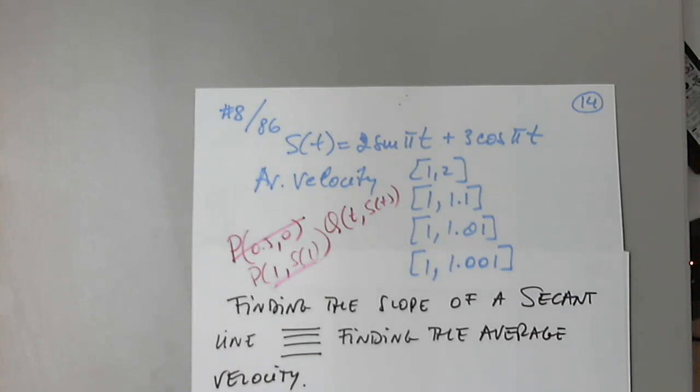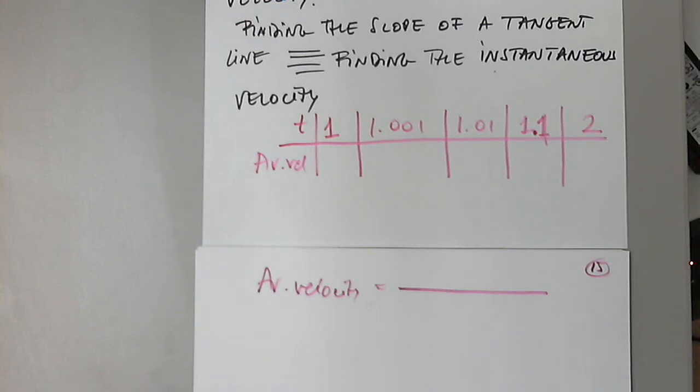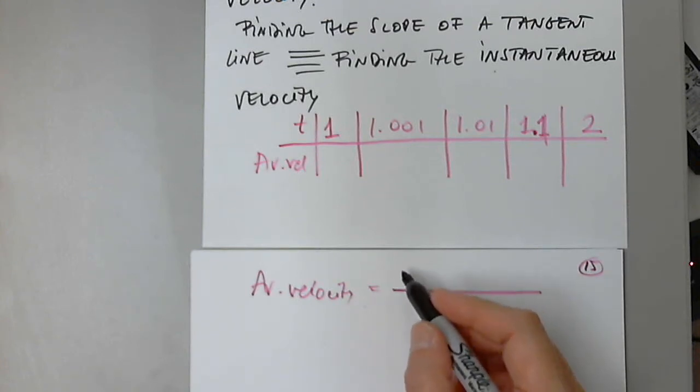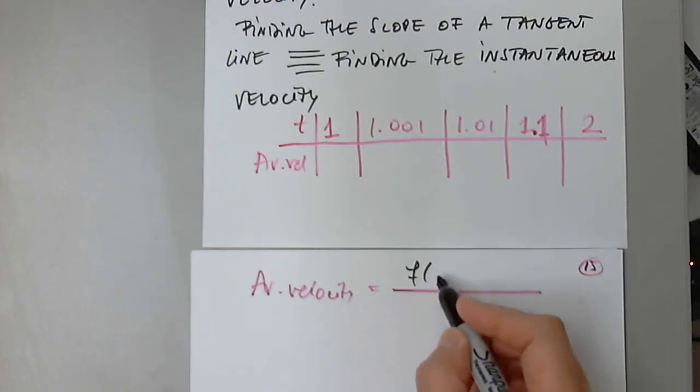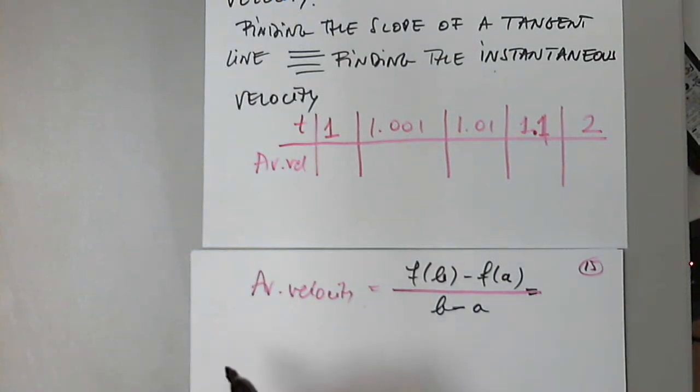The rate of change of the distance with respect to time, which is average velocity. Same thing, identical. So average velocity, please dictate. Excellent. Okay, we can write it like that. But I want it specifically for this function.